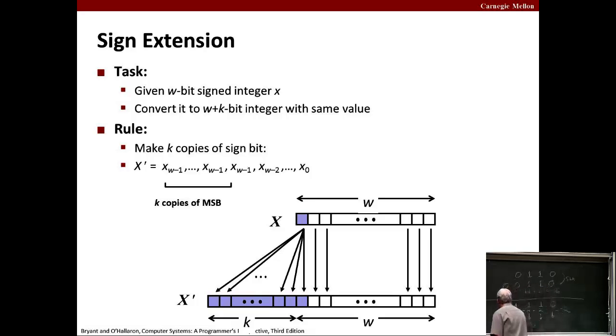So this becomes 1, 1, 1, 1, 0. And what happens is this now has value plus 8 here, but the sign bit has value minus 16. And then this is still plus 2 and plus 4.